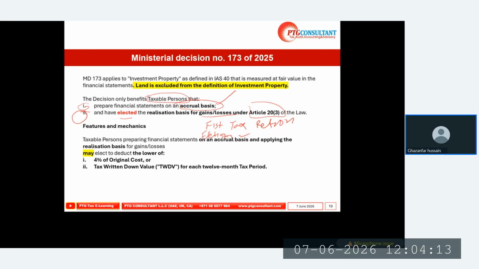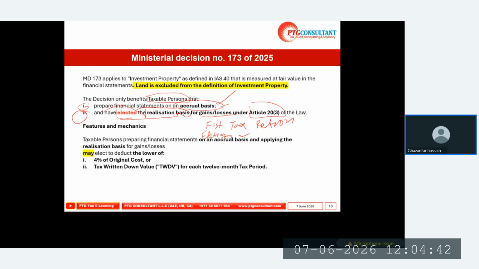We have the option of the realization basis or non-realization basis. If the other point is already checked, in addition to the accrual basis, then we have to see they opted for the election, and opting for the election means the realization basis, the gains under Article 23 of the city law.